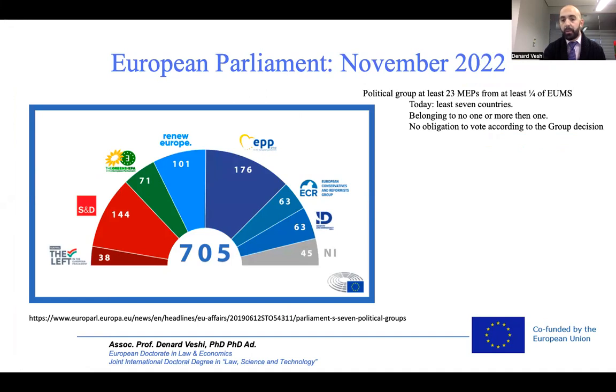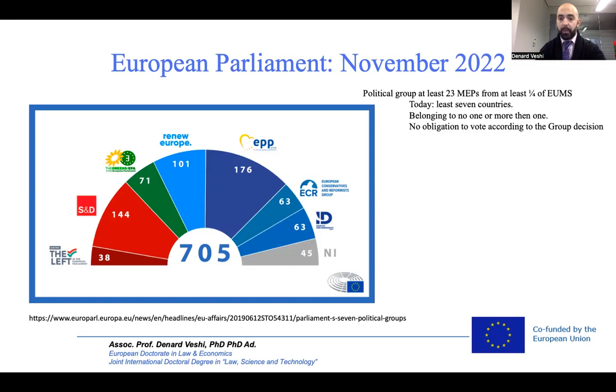In order to make a group, there is the need to have at least 23 members who come from at least 1/4 of the EU 27 member states, which means at least 7 countries.